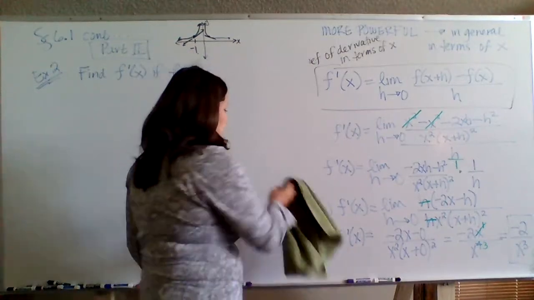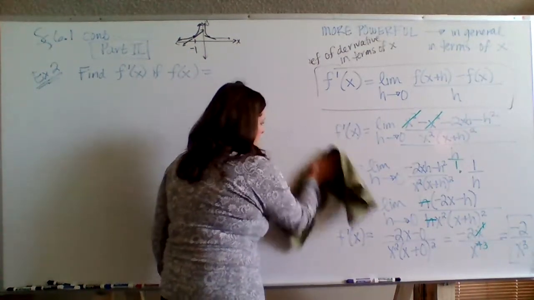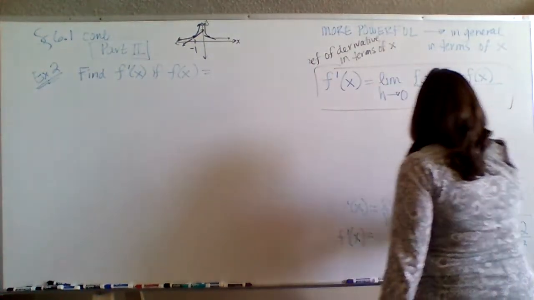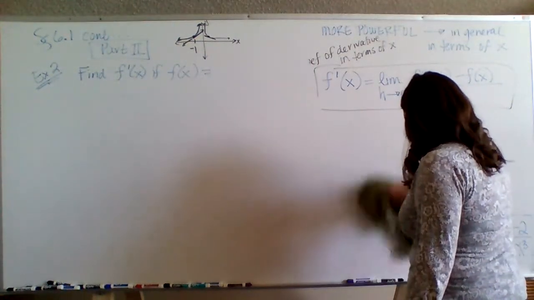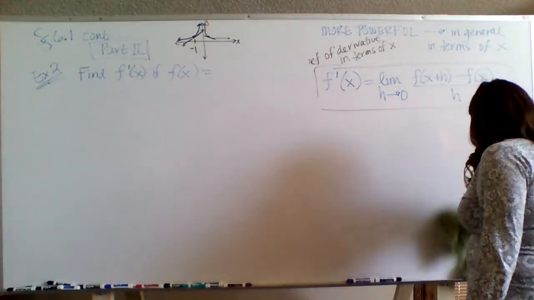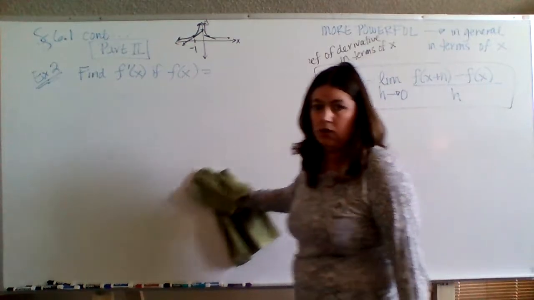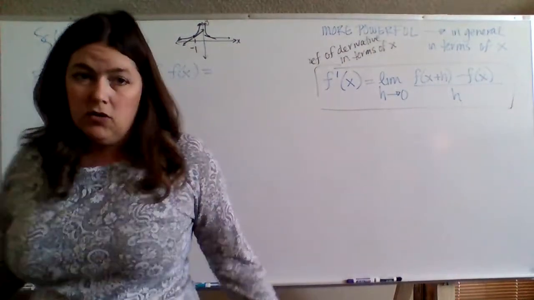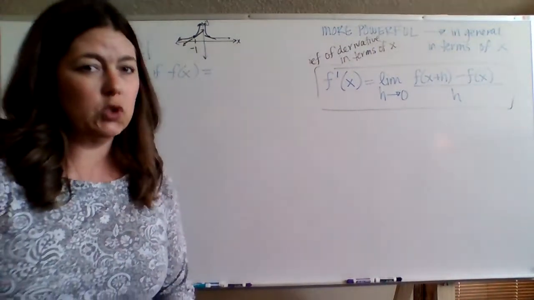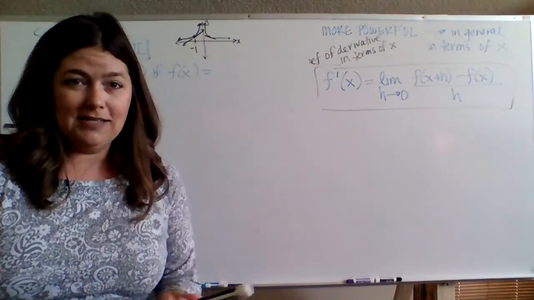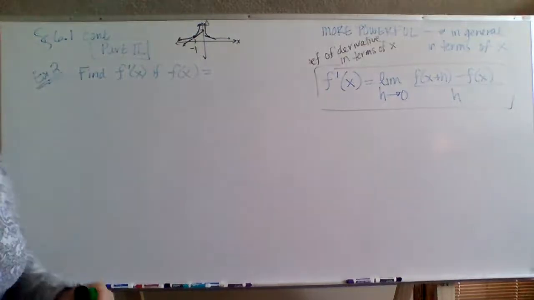You can re-watch the video more than once and go through it line by line with whatever your problem is. They're going to be the same basic flow, even if the numbers are a little different. It's the same basic strategy over and over again, right? You could re-watch the video. You could take notes. You could look things up. There are things out there to help you. All right, so moving on.